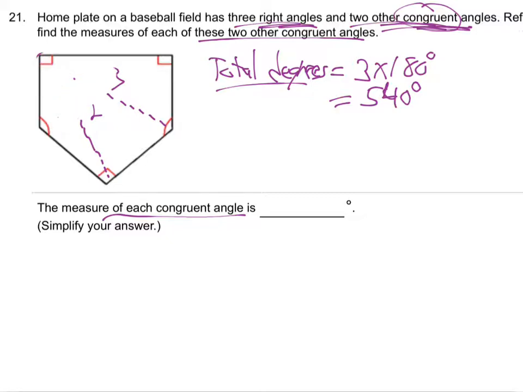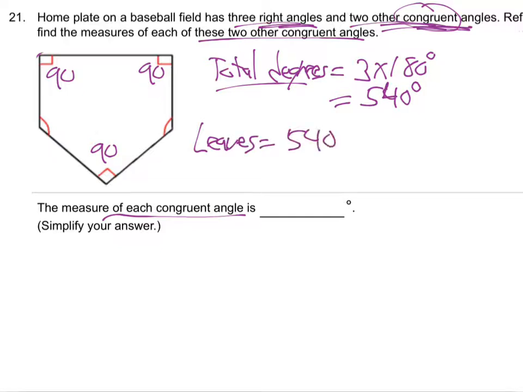Okay, great. Now what? Well, 540 total degrees. I know this is 90, this is 90, and this is 90. So that leaves 540 minus 90 minus 90 minus 90, which I think leaves 270. Right?